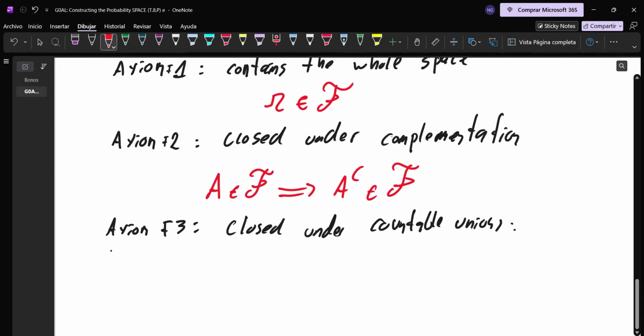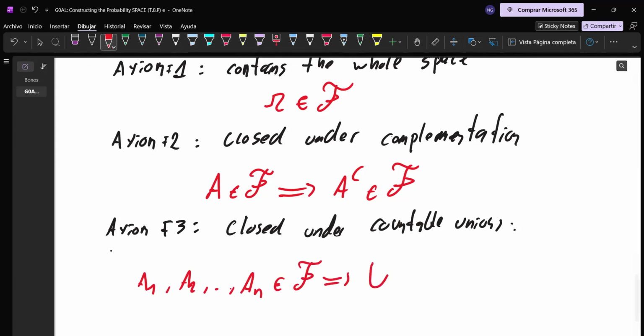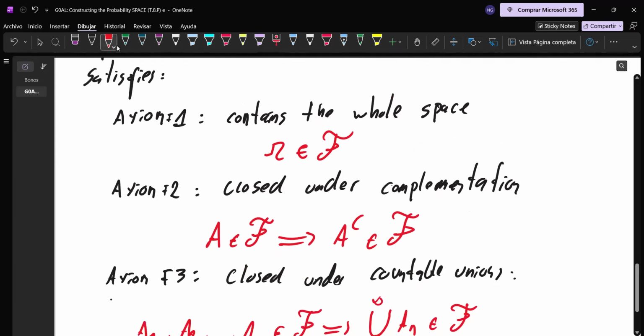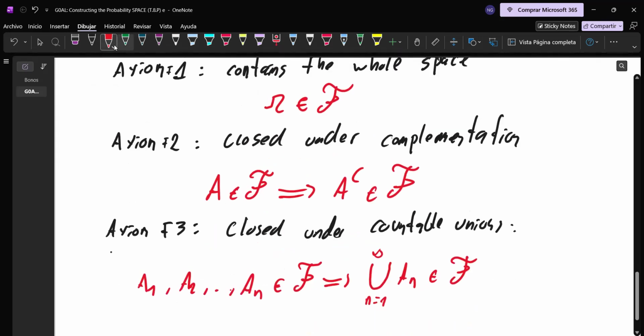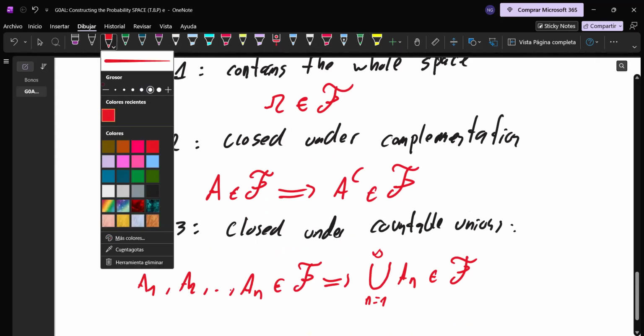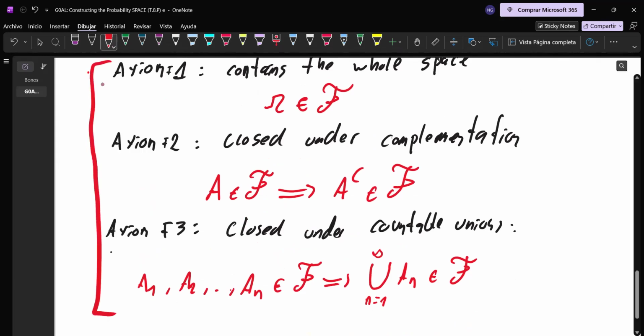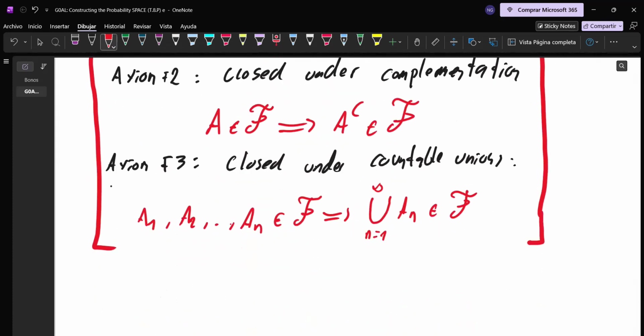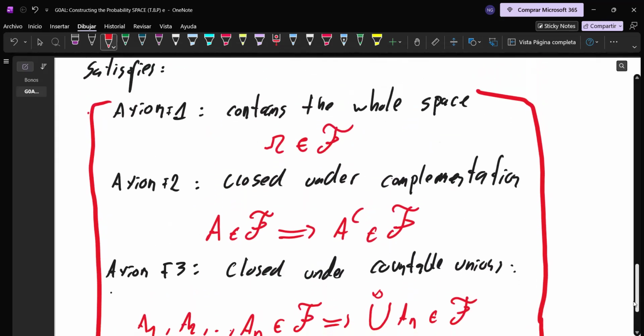I have some objects that are part of F. Then the union of all these objects is also in F. These are the three axioms, and they are very important. If you have done probability, you can say, oh, I recognize this thing.